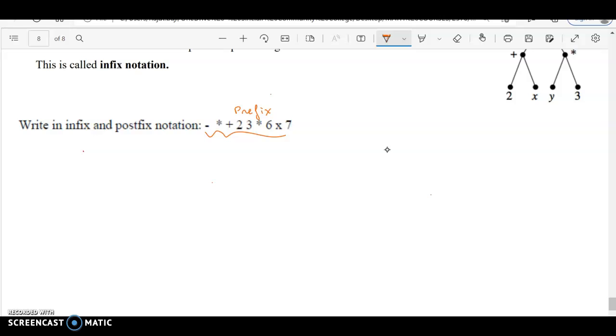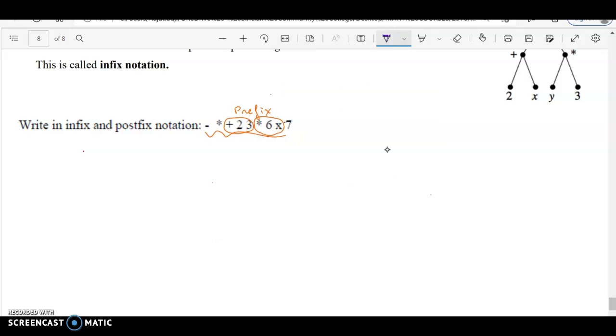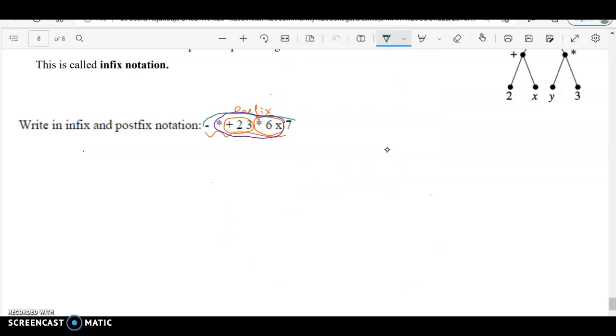So if I look at it carefully, here is what I have. I have this, I also have 2 plus 3, and then I have these two, which are going to be multiplied, and then everything else will be subtracting 7 from it.